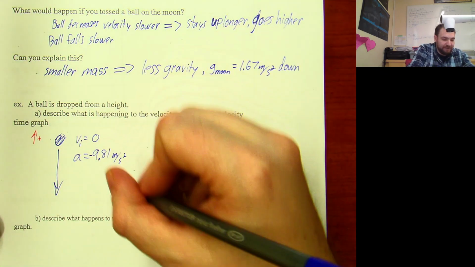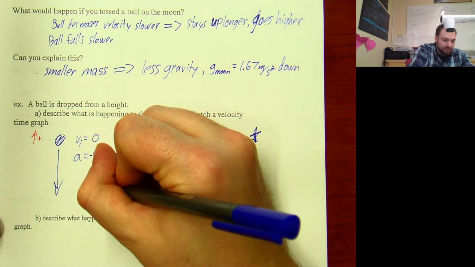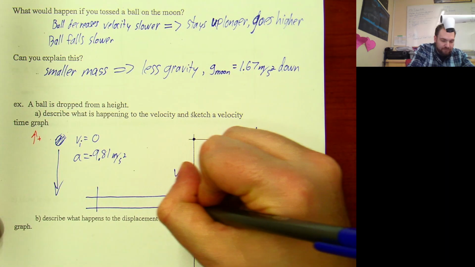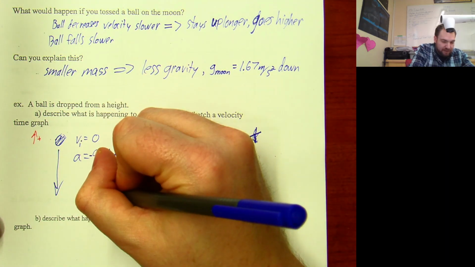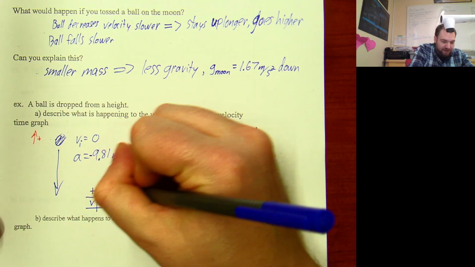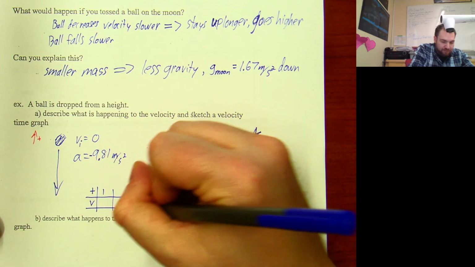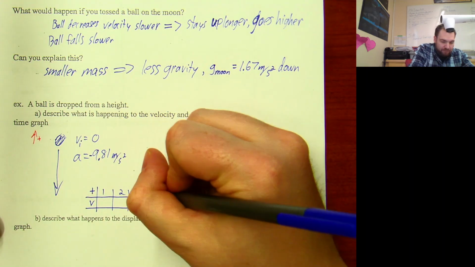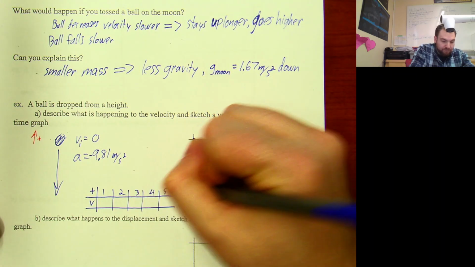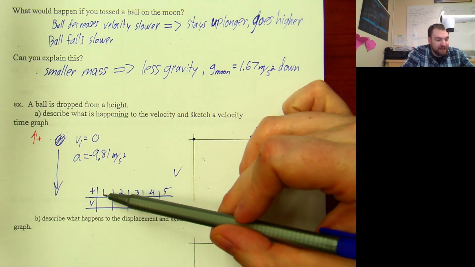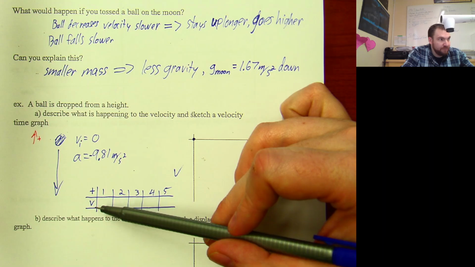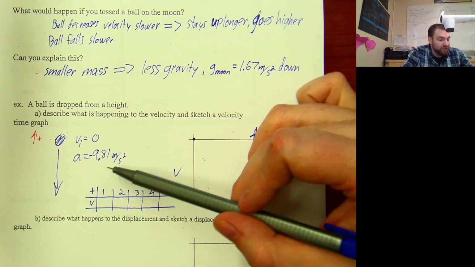So let's do this. Let's set up a little table here. We'll have T, we'll have V. After 1 second, how fast is my object falling, assuming this acceleration?